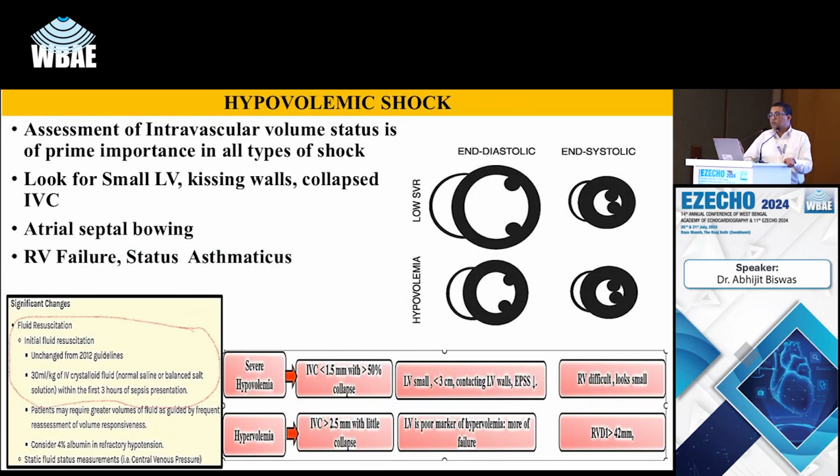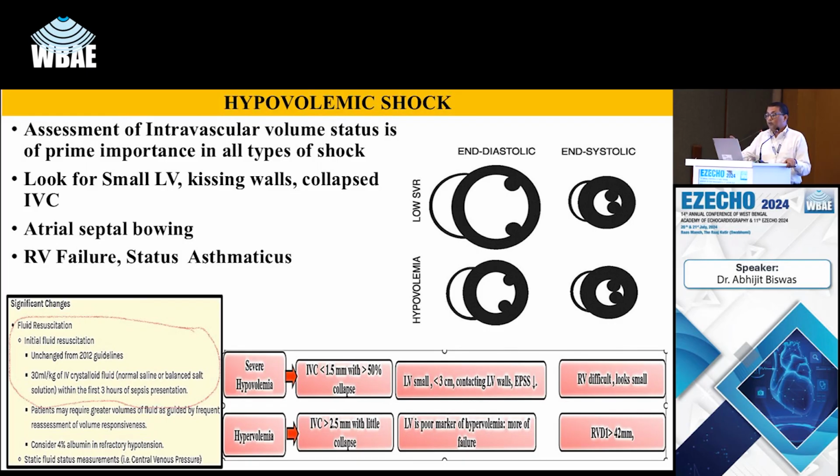The clinician will know, yes, it's correlating with my diagnosis. Now, what is the dynamic objective parameter with which you can help the cardiologist? You can measure the stroke volume. Obviously, to measure the stroke volume, you have to know the VTI. Now, one major problem in the ICU is, sorry, I'm running short of time.